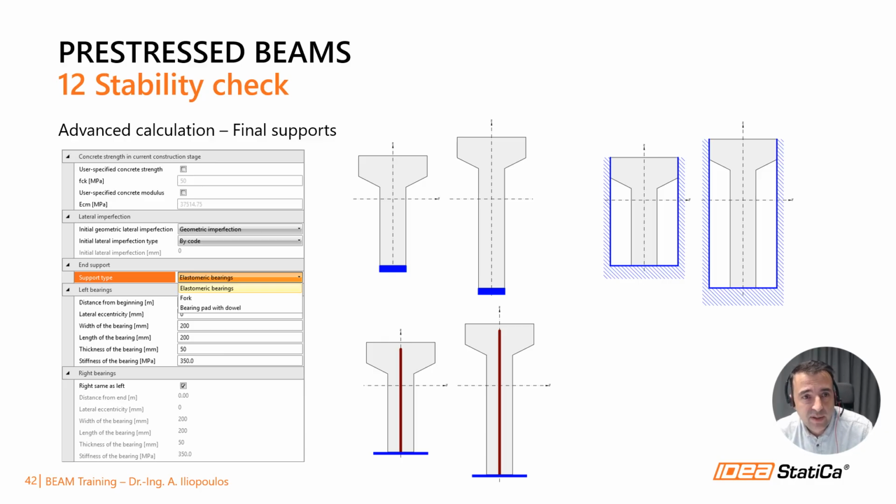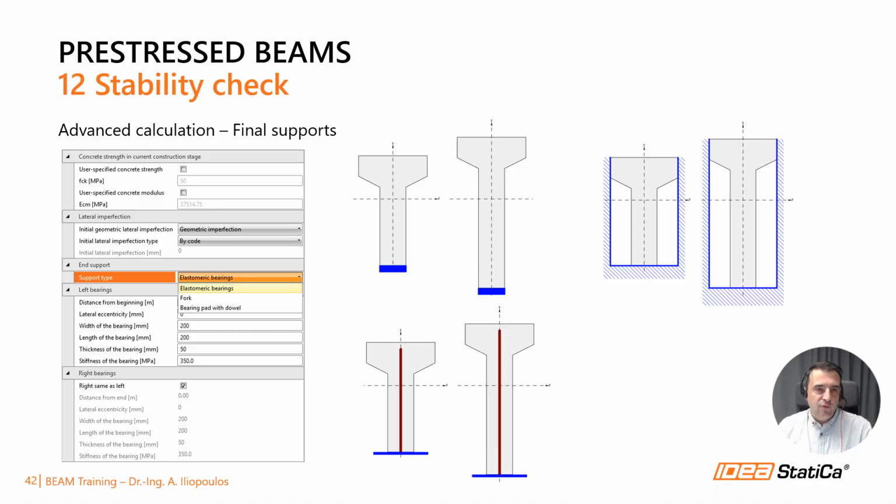With elastomeric bearing, we need to define its geometry, its position, width of the bearing, length, and also the thickness and the stiffness of the bearing. The left and right bearing can be specified independently. As we already mentioned, it leads to the possibility of the roll axis not being parallel to the beam axis.